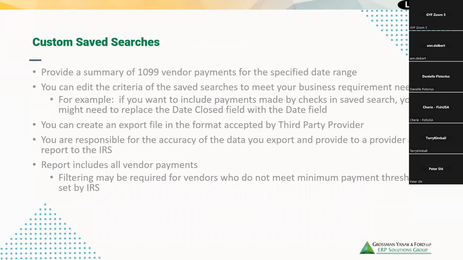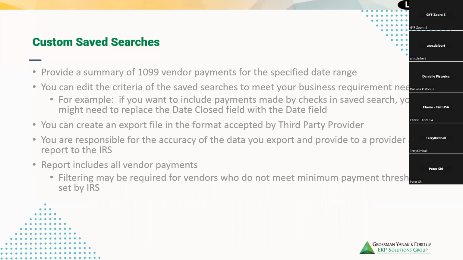The saved searches are customizable. They provide a summary of the 1099 vendor payments for a specific date range, usually for the fiscal year, and you do have the ability to adjust that. You can edit the criteria as well as the results of the saved search to meet your business requirements.